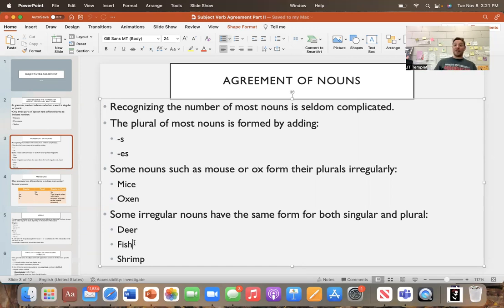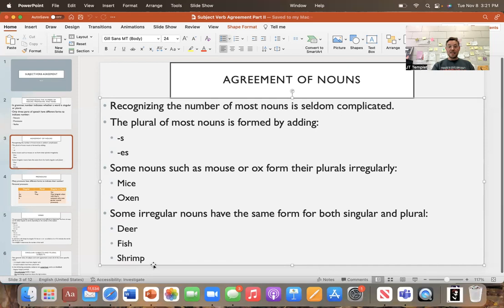I think of my father, for instance, even though the grammatically correct when we're writing academically is fish for more than one fish, he says fishes or he says shrimps. But if we are speaking in standard academic English, these words and others like them keep the same form, no matter if they are singular or plural.